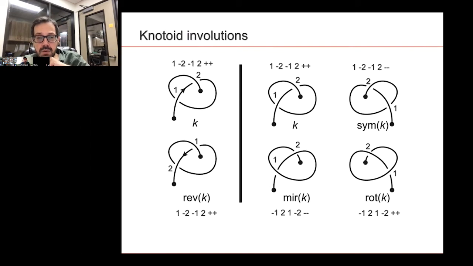My main focus here was to find a combination of invariants that would sort them out. I use a combination of two invariants, the loop arrow polynomial and the double branch cover.